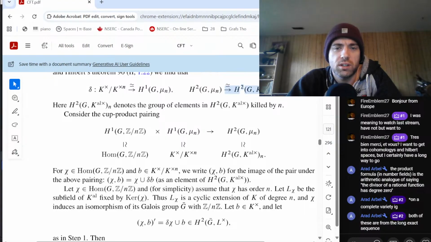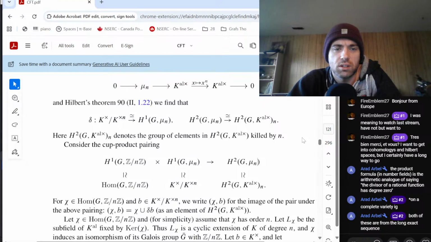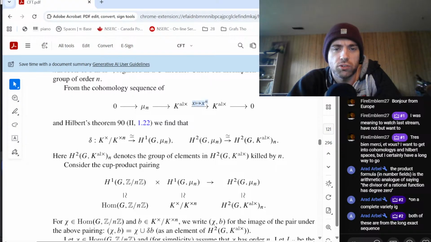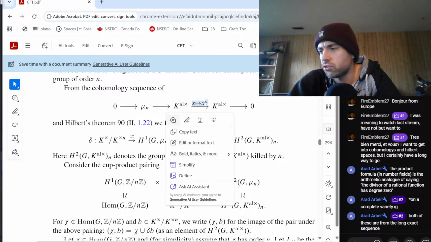Wait, but then why? This last one is still not quite clear to me. But I guess that comes from the map induced on cohomology by this, and then by long exactness.